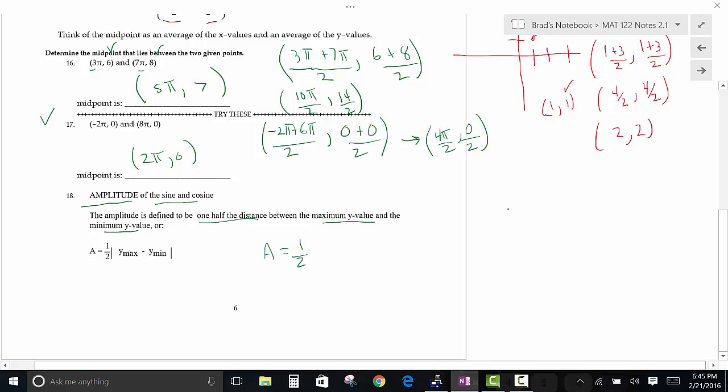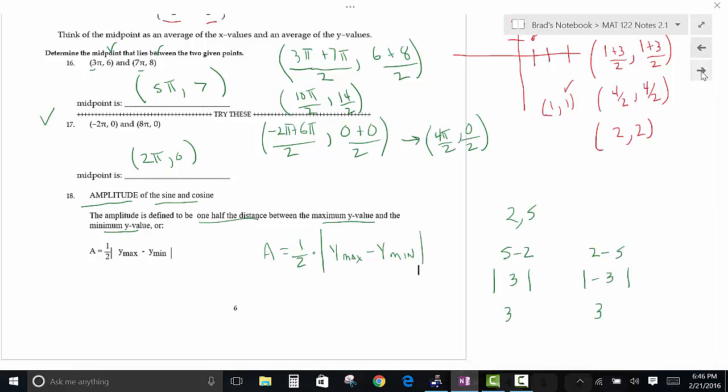If I wanted you to find the distance between 2 and 5, there's two ways to do it. You could go 5 minus 2 and get 3, or you could do 2 minus 5, which is -3. But since distance is positive, that's the reason why we have that absolute value in the formula. So we're going to take a half times the y value of the maximum minus the y value of the minimum, and that'll give you what's called the amplitude of the function.